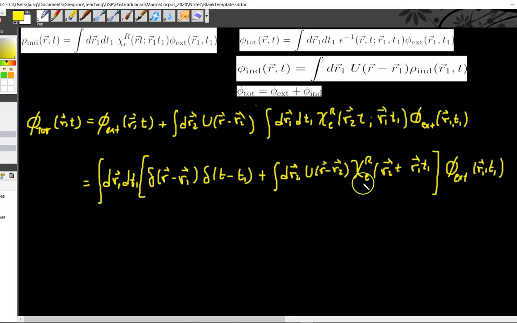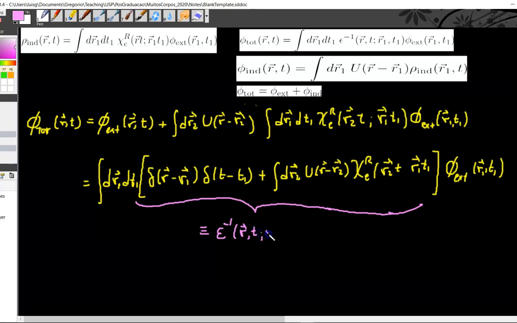From here we already get epsilon minus 1 of r t, r1 t1, everything that is in here, which then allows us to write this dielectric response in terms of r1 t1. And then this is, of course, phi total at r and t, and we get the first expression there.